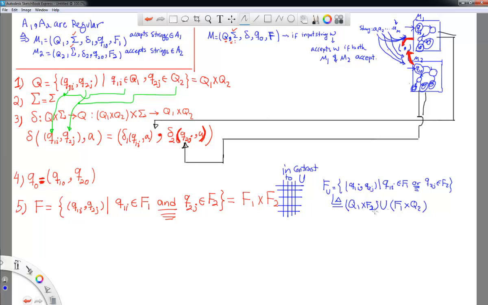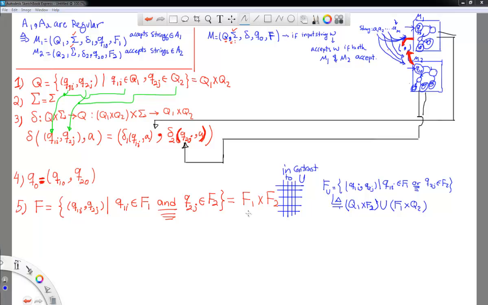So remember, these two are different in terms of the cross product. For the union, the cross product is of all the states of the first with the accept states of the second, or the accept states of the first with all of the states from Q sub 2. Whereas in the intersection, the accept states are effectively the cross product of the original accept states.